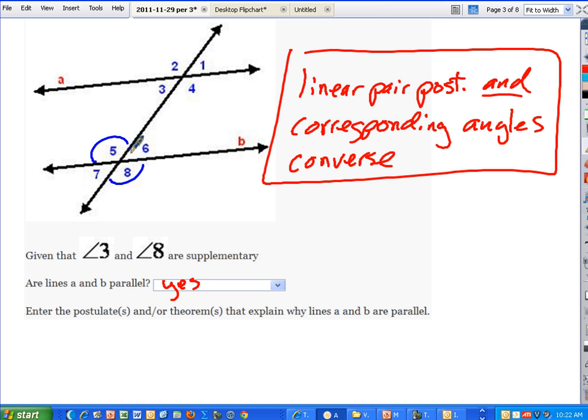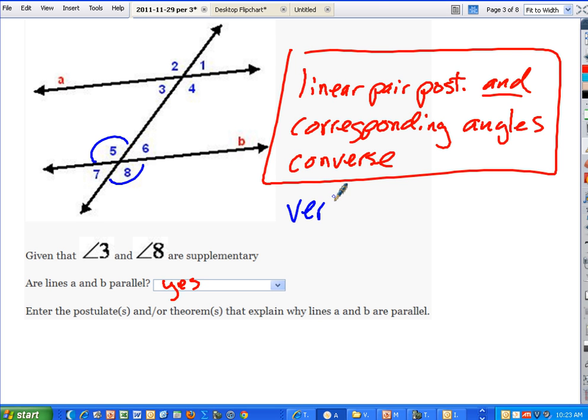And then if 8 and 5 are the same, and we know that 3 and 8 are supplementary, then 3 and 5 must also be supplementary because they're the same, right? And if 3 and 5 are supplementary, that makes the lines parallel by the consecutive interior angle converse. Because if consecutive interior angles are supplementary, the lines are parallel, right? So that would also work. There's another example of something that would work.